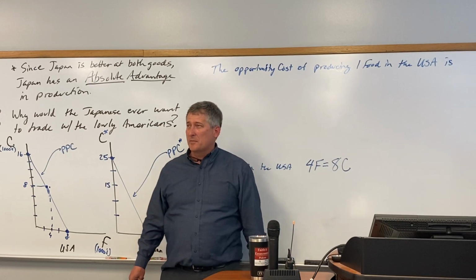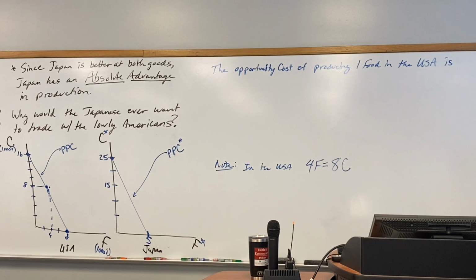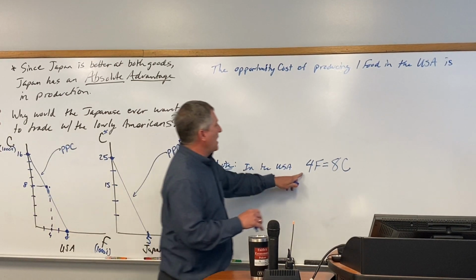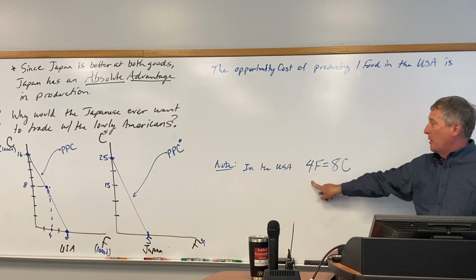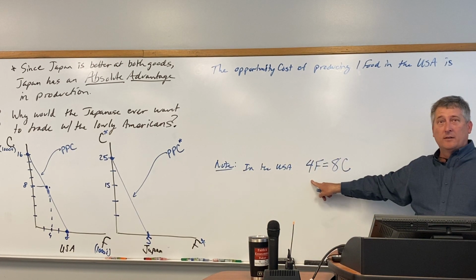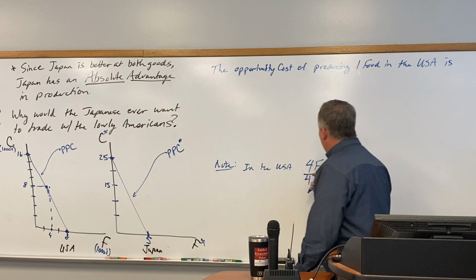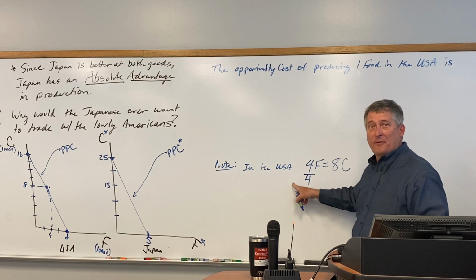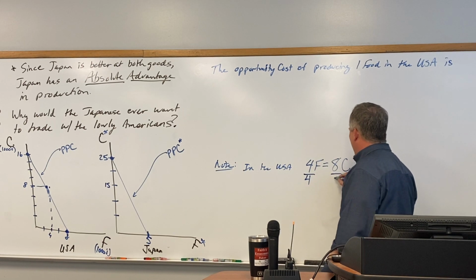Does that make sense in terms of the trade-off? Because if I'm doing one, I can't do the other. That's kind of the heart of the opportunity cost, right? So I don't want the cost of 4 food, I want the cost of 1 food. How do I get a 1 over here? Divide by 4. What I do to one side of the equal sign, to be fair, mathematically, I've got to do to the other side of the equal sign.